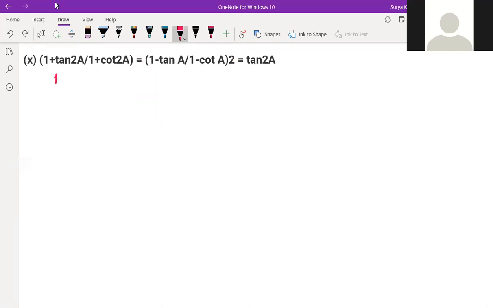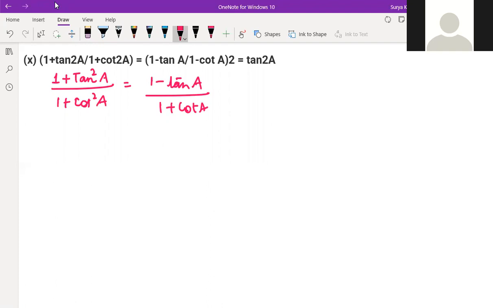So the question is like this: 1 plus tan square A divided by 1 plus cot square A is equals to 1 minus tan A divided by 1 minus cot A whole square is equals to tan square A. So this is the question, children. Actual question is this one, what I've written here.